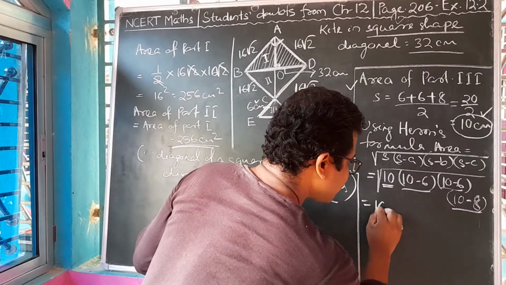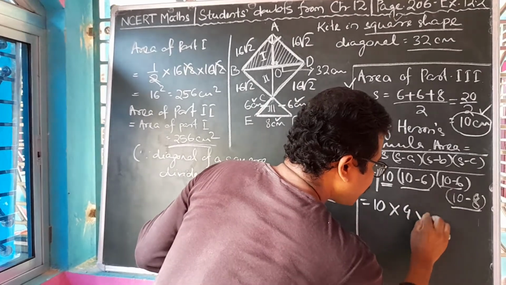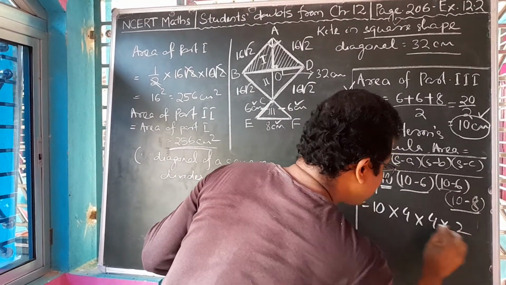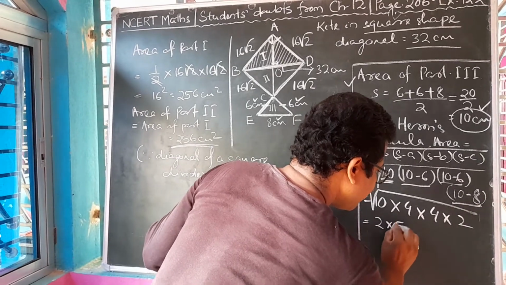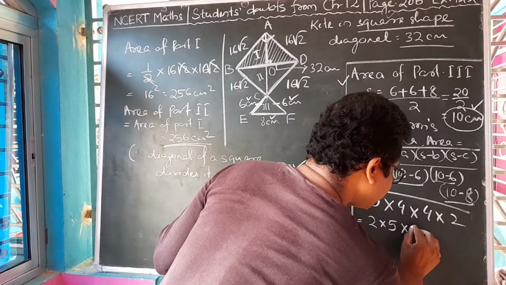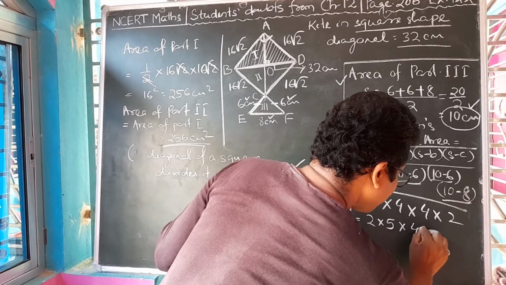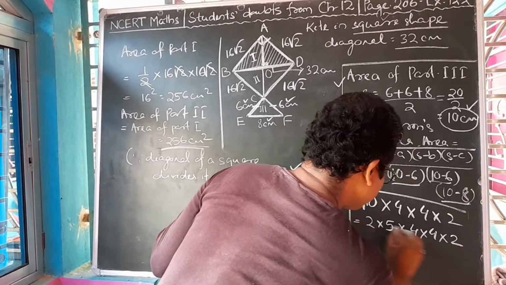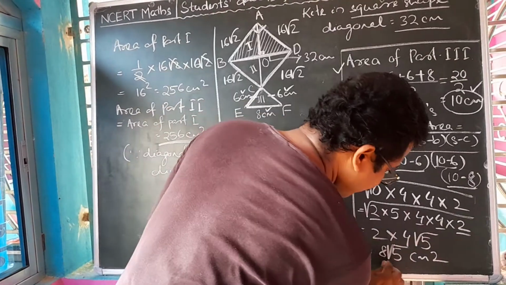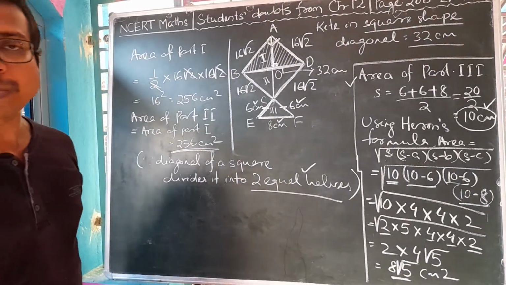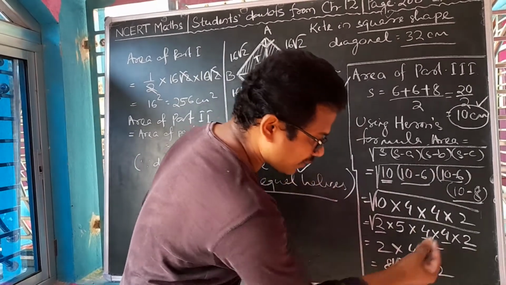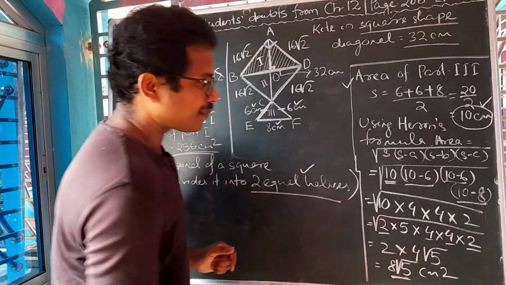So that is the square root of 10 into 4 into 4 into 2. So you factorize it, 2 into 5 into 4 into 4 into 2, or you find out the value of root 5, that is approximately 2.24, and then you calculate. So that is area of part 3.